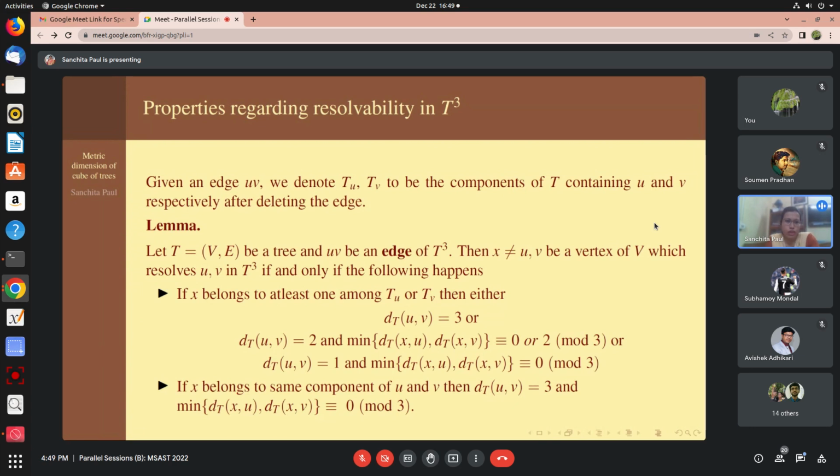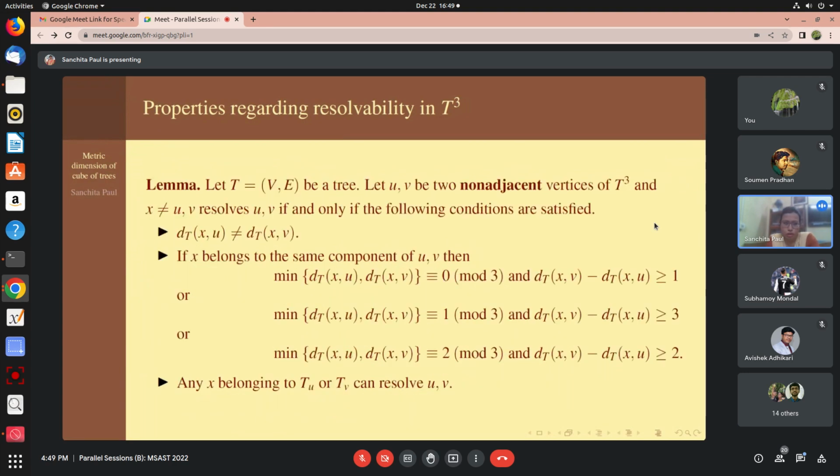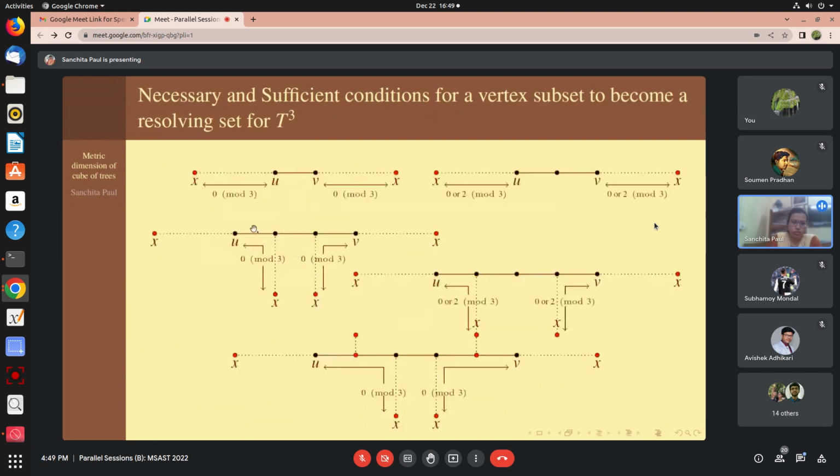First of all, we have considered when UV is an edge in T cube. Obviously there will be some conditions regarding dT of UV, which will be 1, 2, or 3. Better we move to this figure to clarify the idea. In the first picture, dT of UV is 1.